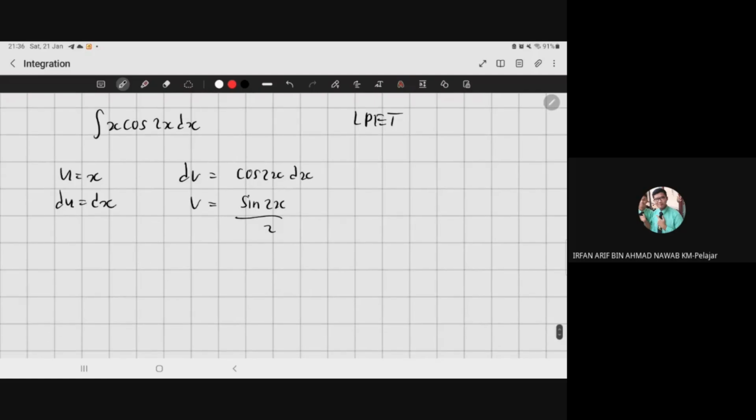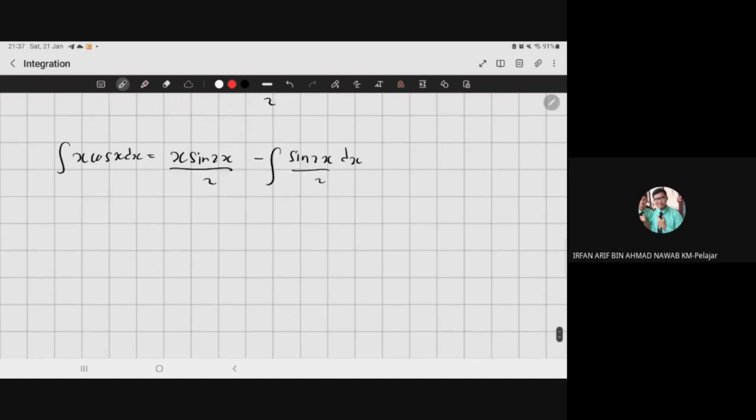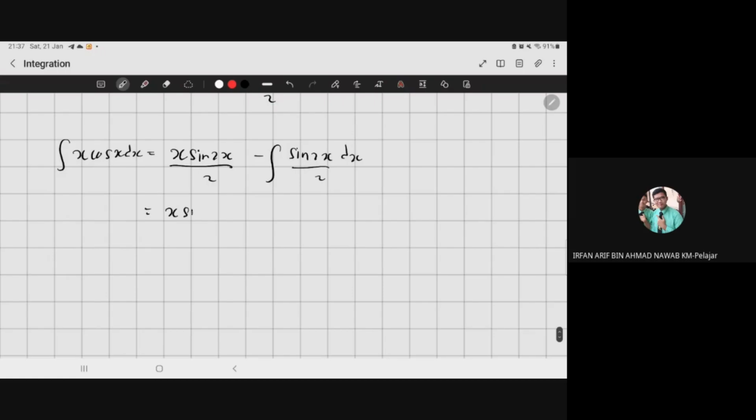Okay, now as usual, apply the technique, and you should get x times sine 2x over 2 minus, we integrate sine 2x over 2 dx, and then from here, we could solve it, no problem.